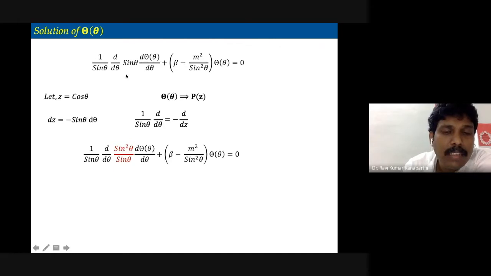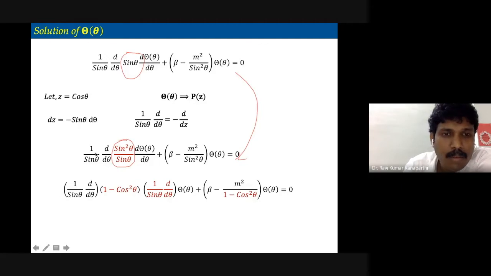Here there is a sine theta, and I'm writing it in this fashion, like sine squared theta by sine theta. Essentially it is going to be a sine theta. So that is what is done here, to get 1 over sine theta d by d theta. That's the reason.